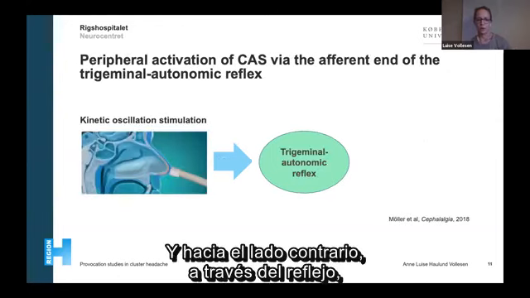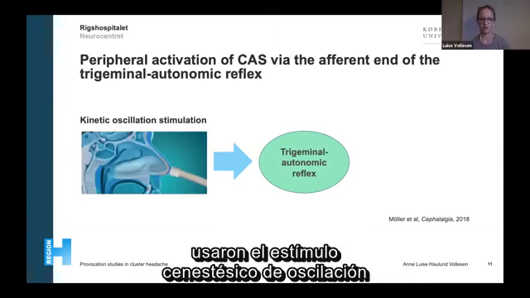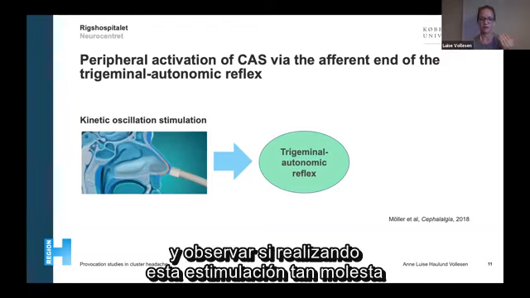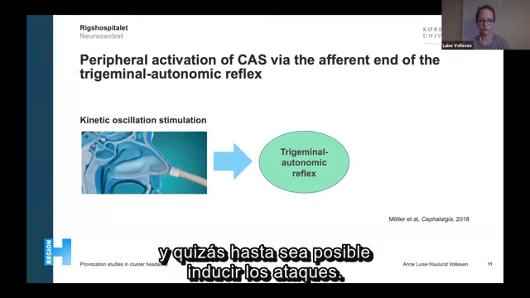And so going the other way through the reflex, another recent study by Miller and colleagues used kinetic oscillation stimulation to try to activate the afferent end of the reflex, and see whether by doing this very unpleasant stimulation of the nasal mucosa, you will get the autonomic symptoms, and will you possibly even be able to induce attacks?